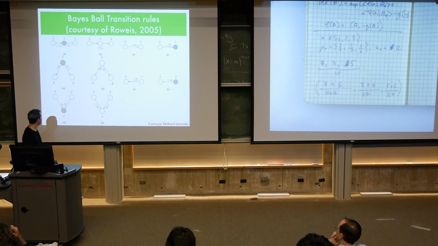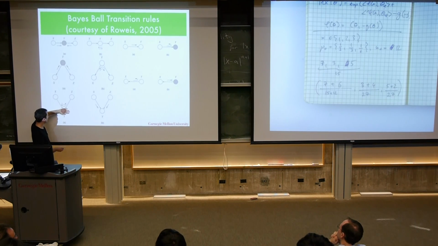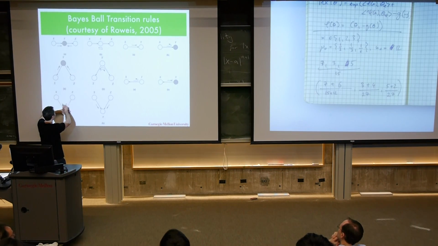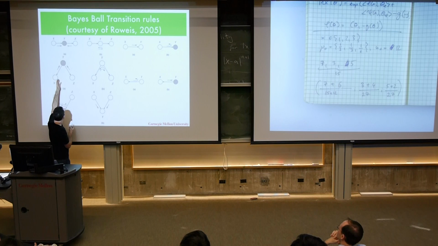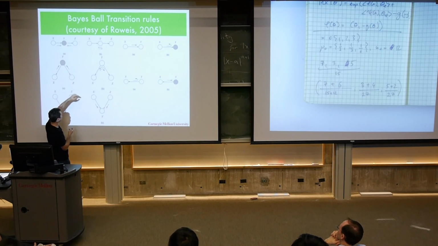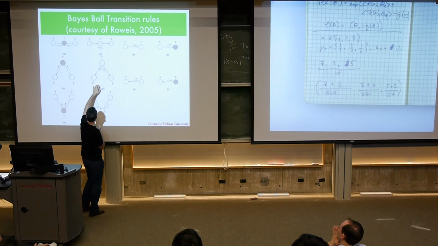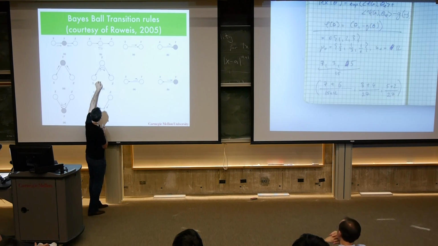And so what you can see immediately is explaining away. If you have an observed child of two independent parents, then by observing the child, the parents become dependent on each other. Likewise here, if I observe the parent of two children, then these children become independent of each other. However, if I don't observe, then they are clearly dependent on each other.